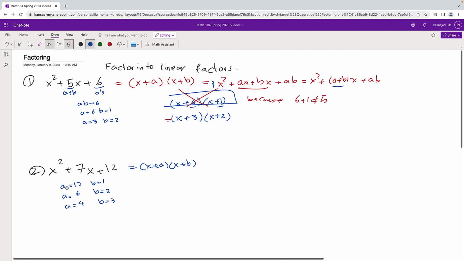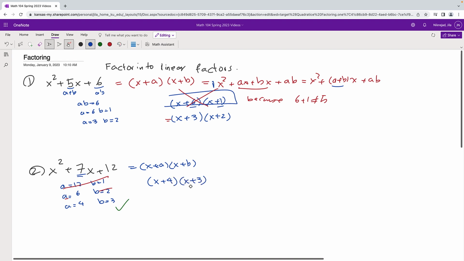Now, let's see which one of a plus b makes it equal to 7. Not the first one, so the first one is wrong. The second one adds up to 8, wrong. So the third one is the correct one. And that makes it x plus 4 times x plus 3.